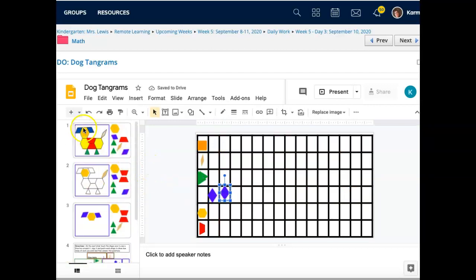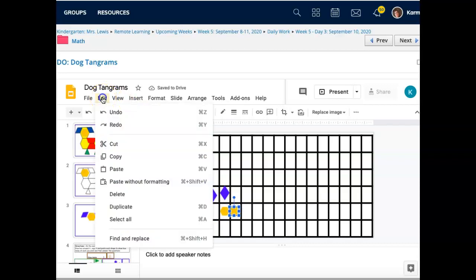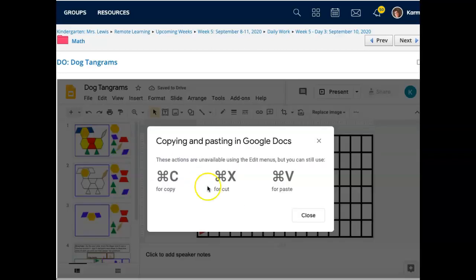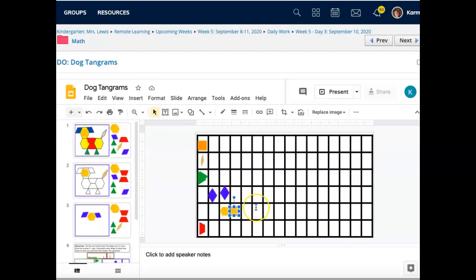Okay, and then I look back here and I see yellow hexagons. One, two, three. So I'm going to add one, two, and three. I might have to edit, copy, and paste it. So now I have three of them.